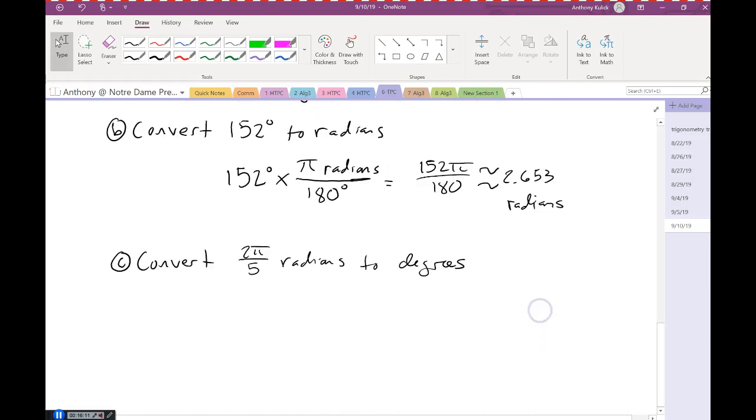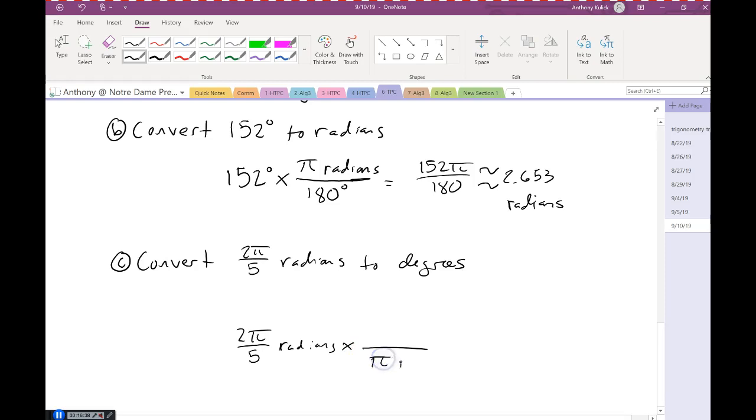So let's convert 2 pi over 5 radians into degrees. So I'm going to start with the measurement I know. And then I need to multiply this by a conversion factor. What should be the denominator of this conversion factor?